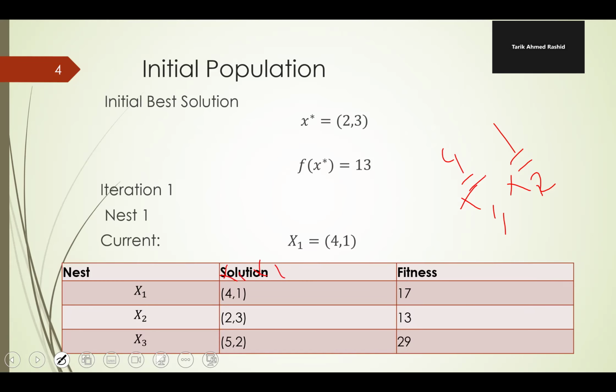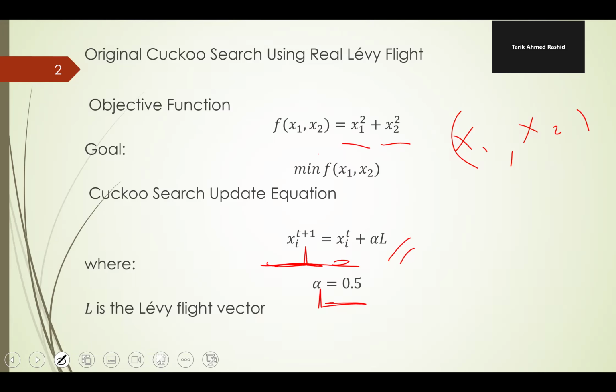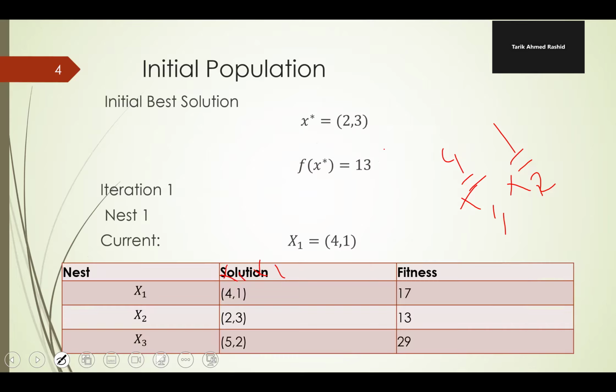We will plug them into the objective function. So 4 square plus 1 square: 4 square is 16, plus 1, that is 17. Then 2 square is 4, plus 3 square, that's 9, 9 plus 4 is 13.